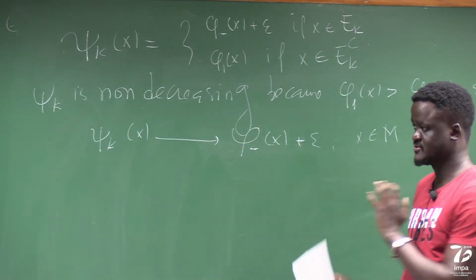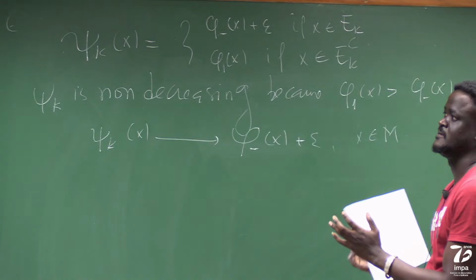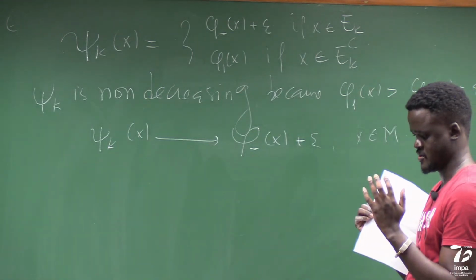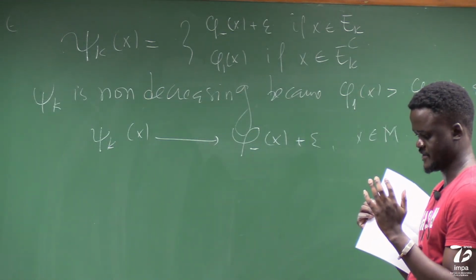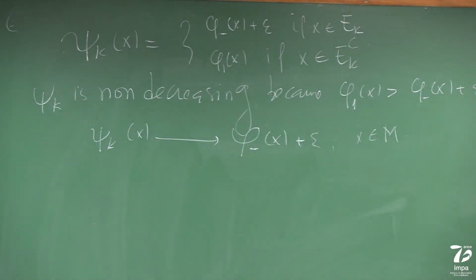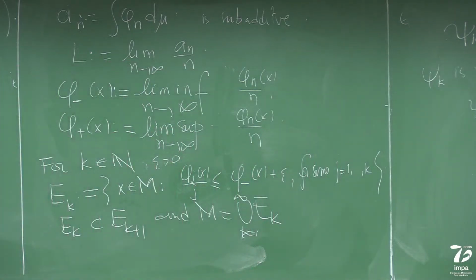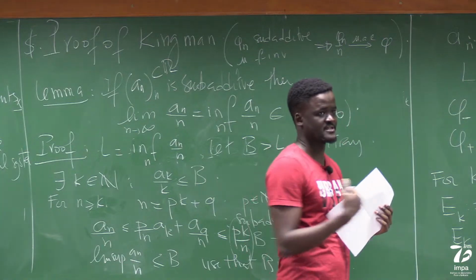The way I understood this function is: when you have a lim inf of some real numbers, what does it mean? It means that you can find a subsequence that is converging.